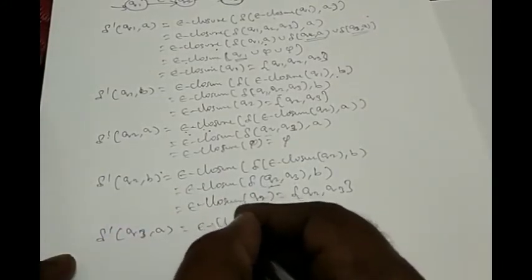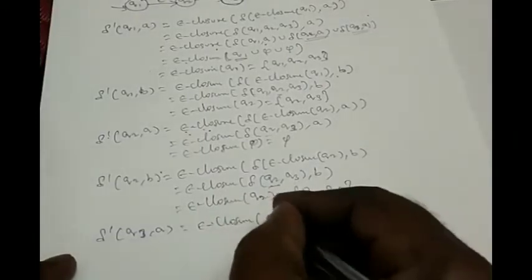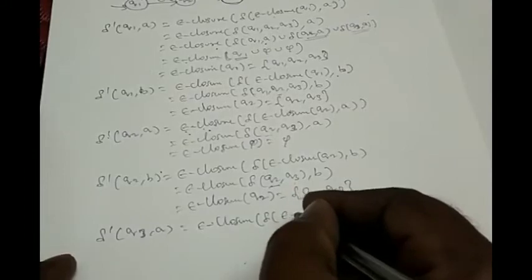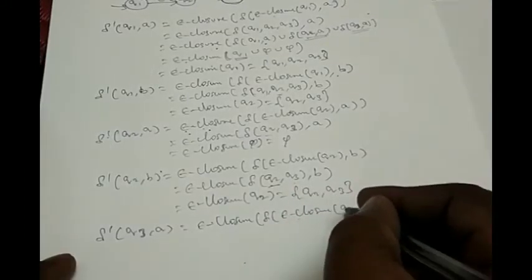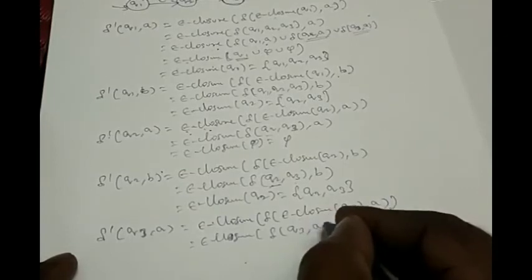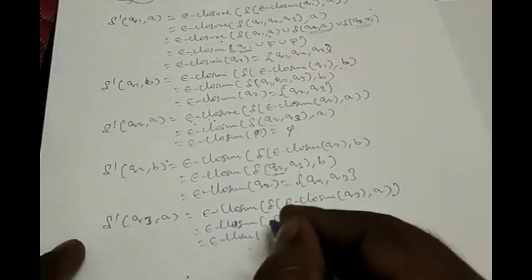So delta dash of Q3 comma A is epsilon closure of delta of epsilon closure of Q3 comma A. Now epsilon closure of Q3 is Q3, and if you apply A here, A does not have any transition on Q3, so the answer is phi. So epsilon closure of phi is equal to phi.